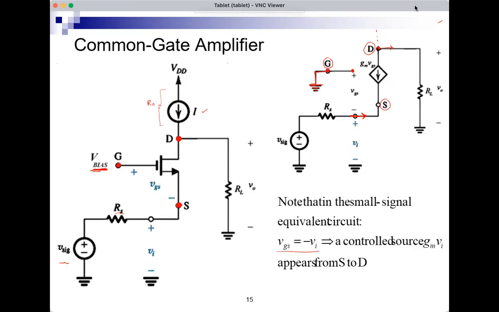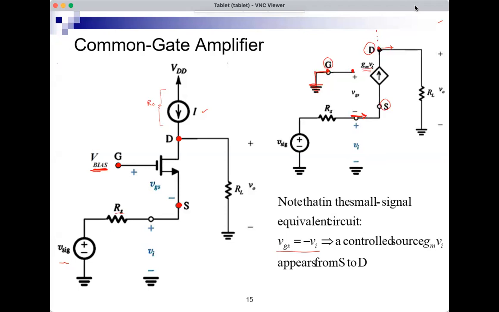And this means that this controlled current source, GM-VGS, can be replaced by a controlled current source equal to minus GM-VI, which is a controlled current source equal to GM-VI, but flowing up. So if I change the direction of the current to upwards, I can change the control source to GM-VI instead of GM-VGS flowing down.